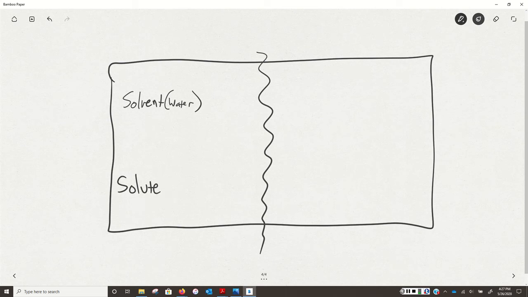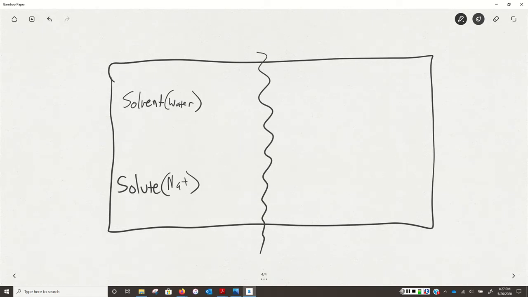The solute, there's less of it. And this could be any number of things. For the purpose of this demonstration, we're going to say it's sodium. It could be glucose, it could be potassium, it could be any number of things. But in this case, we said this is a sodium solution, and what that means is sodium dissolved in water.